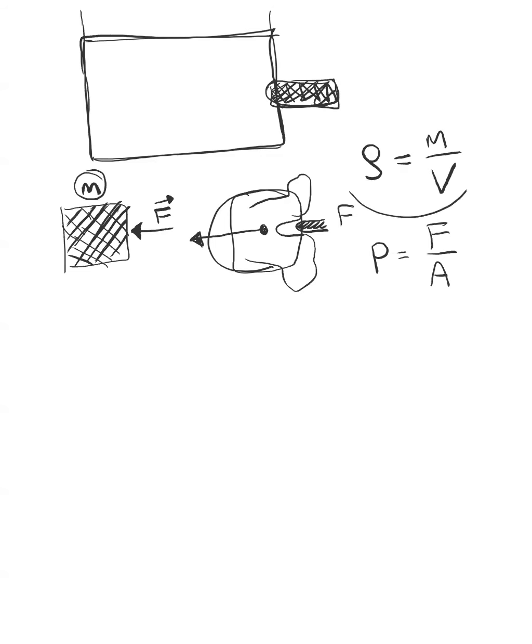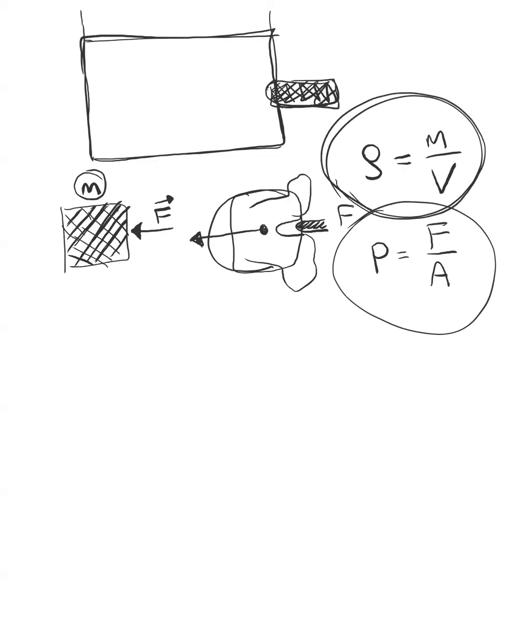Both of these concepts, I'm sure, are familiar to you from high school. We will have a couple of exercises in homework just to remind you how density and pressure work. But the physical meaning is that this is mass per unit volume, and this is force per unit area.